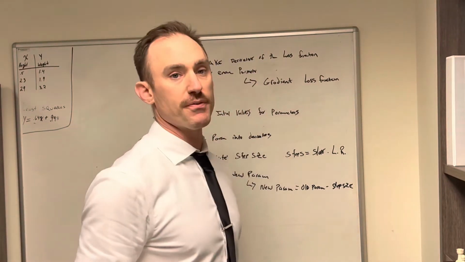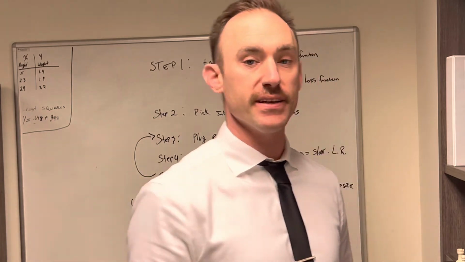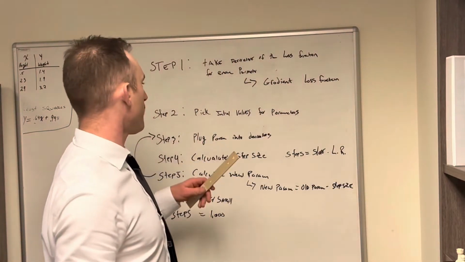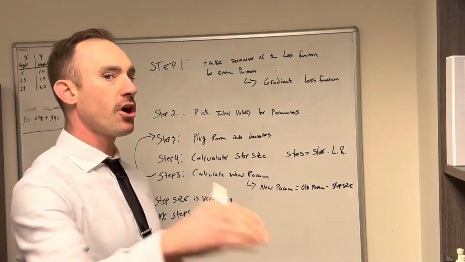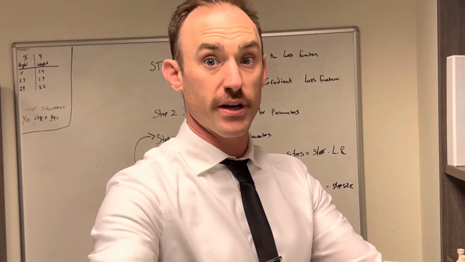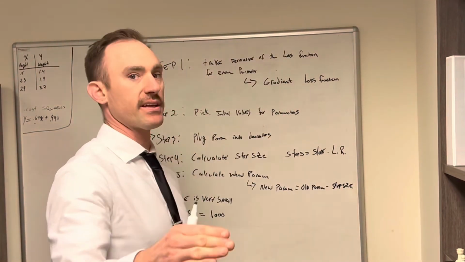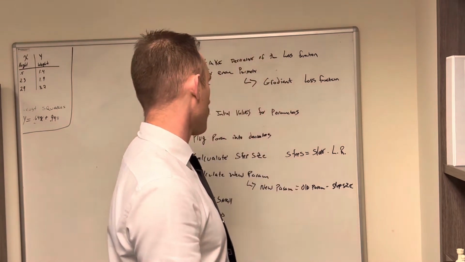Okay, so let's review what we learned. Step 1 is take the derivative of the loss function. In other words, take the gradient of the loss function. Step 2 is you're going to pick initial parameters to start with. Step 3, you're going to plug those parameters into the derivative equation that you found, the gradient. Step 4, calculate the step size. Step size equals the slope times the learning rate.